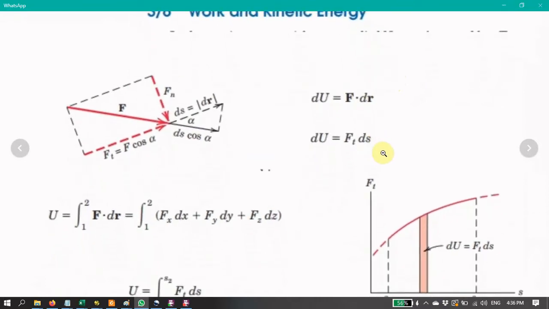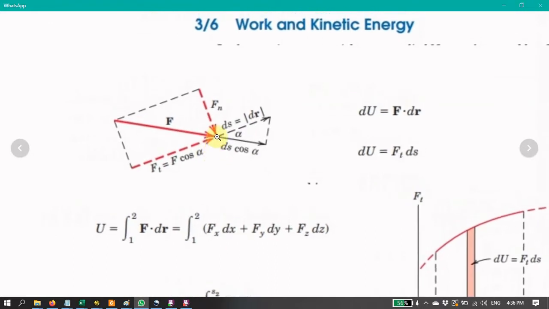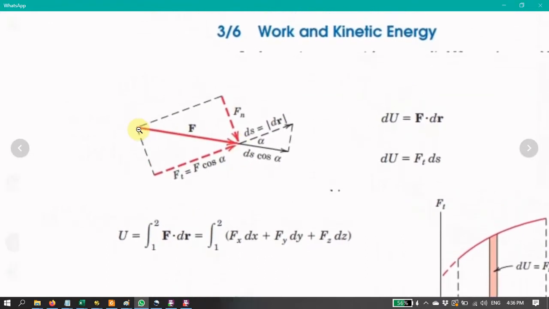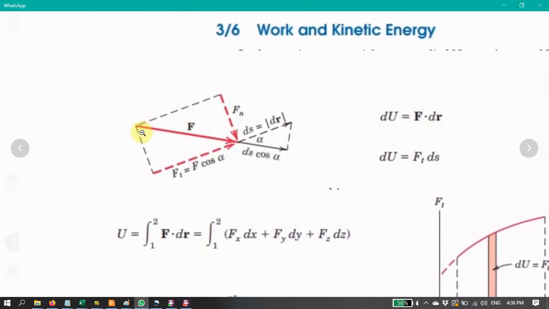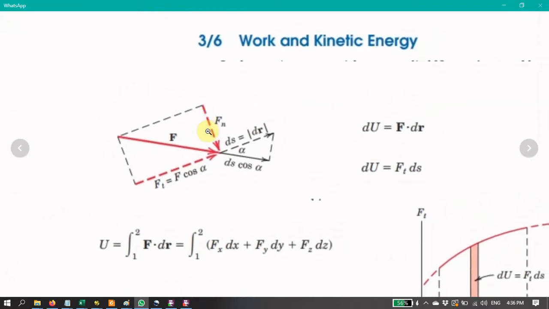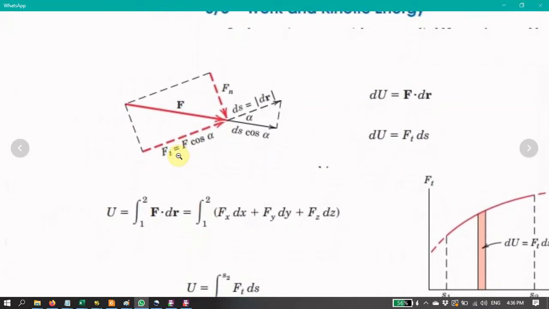And then in the figures, you can see that force is a vector quantity. You should know the origin of the force, and you can break the force F into components, right?